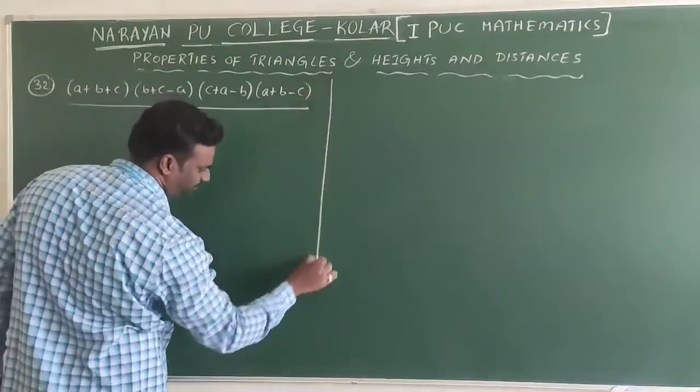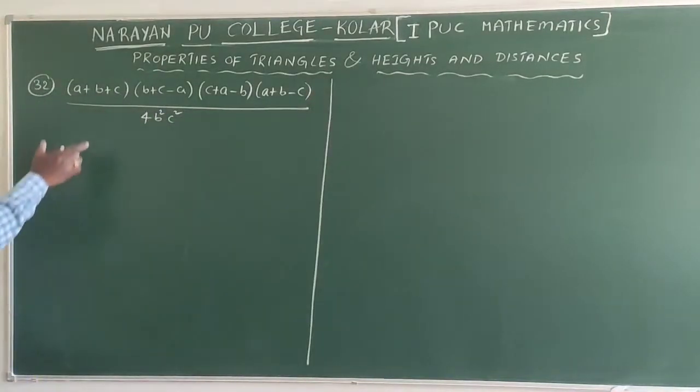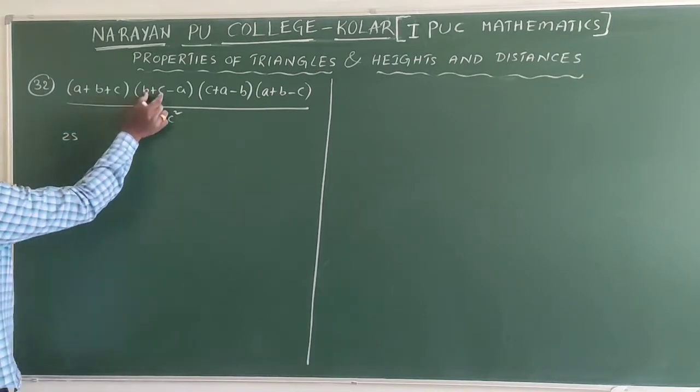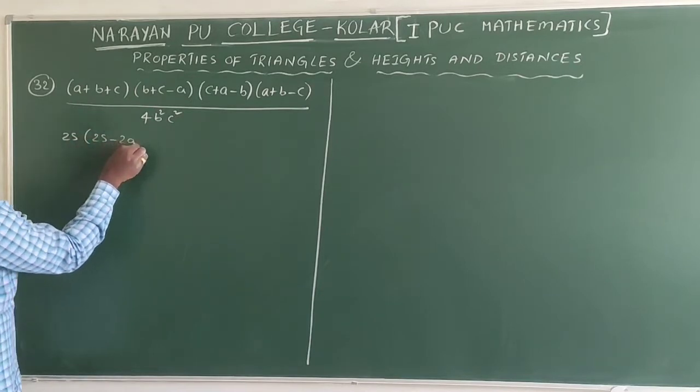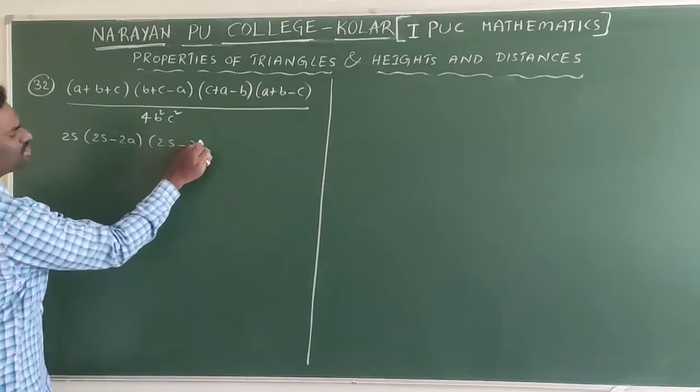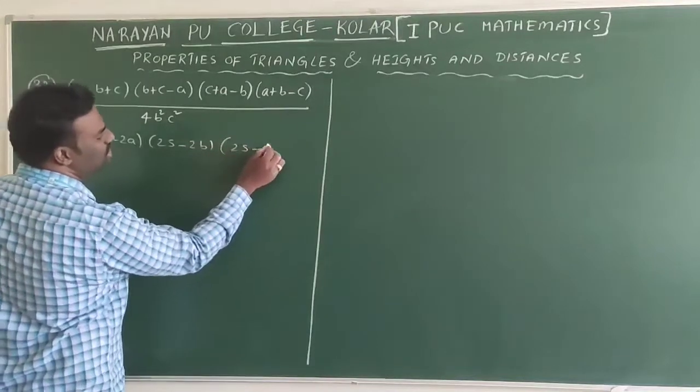Simple question. In place of a plus b plus c, I can write 2s. This is 2s minus a, that is nothing but 2s minus 2a. This is 2s minus 2b, and the last one is 2s minus 2c.